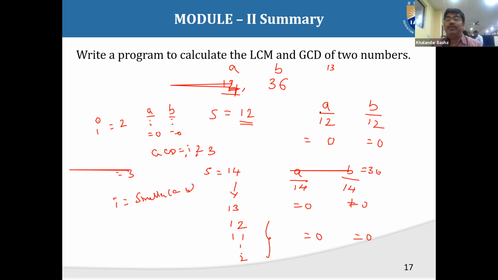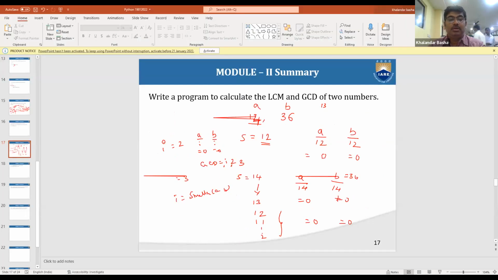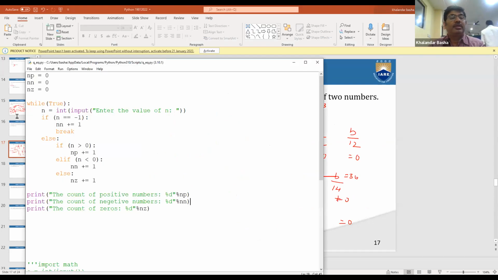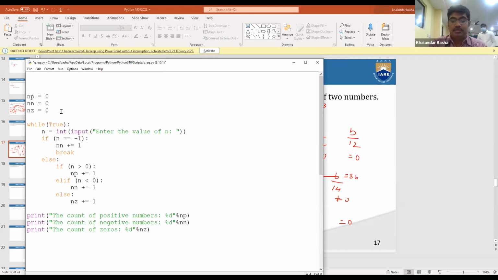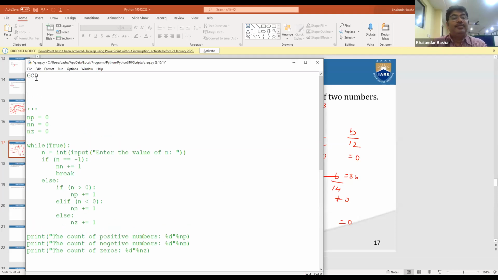Now we will see the programming part of this. So next we are writing a program for finding out GCD.